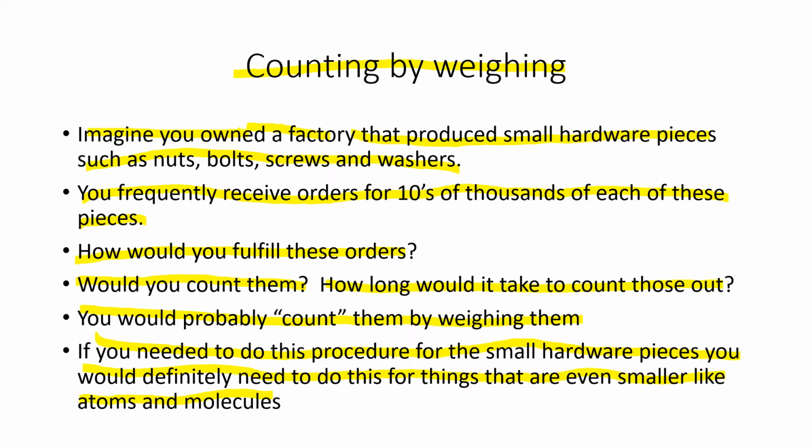If you need to do that for things you can actually physically manipulate and see, like those nuts, bolts, screws, and washers, you are definitely going to need to do that for things that are much, much smaller. So we're going to use this counting by weighing, not just for these little hardware pieces, but to start relating these to actual chemical principles for dealing with quantitative work for atoms and molecules.